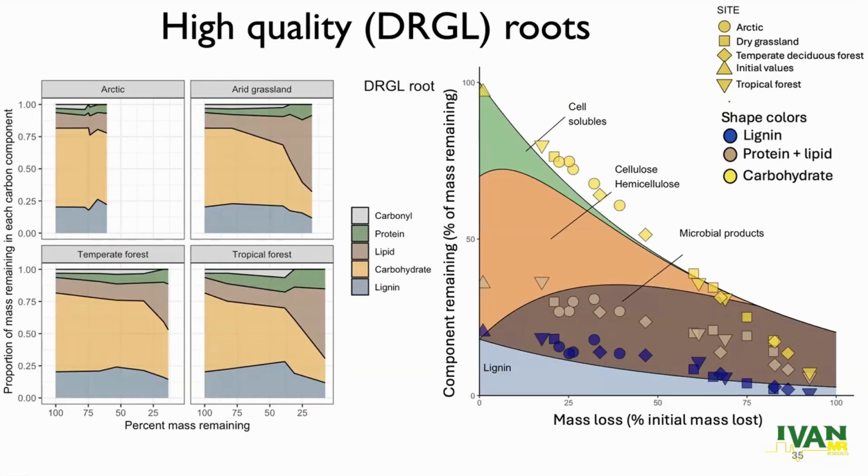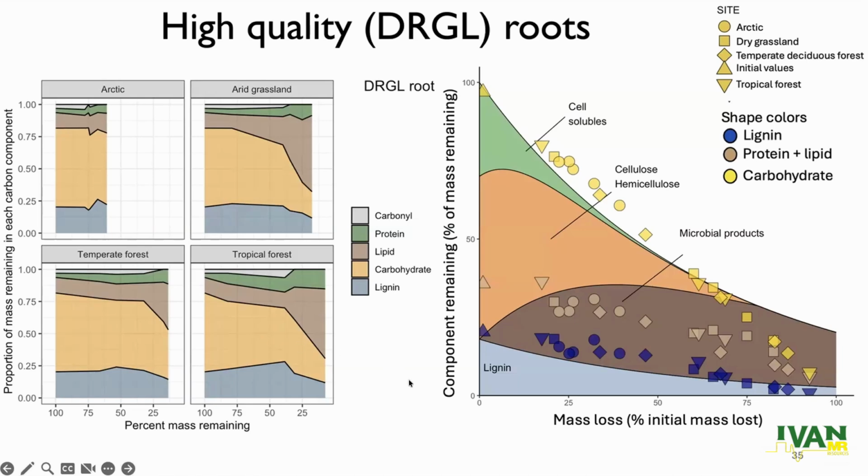So in this figure over here, you've got mass remaining, 100, this is all the mass remaining, and then this is less and less, right? So this is increasing mass loss as you move in this direction, but you're always summing to 1, right? So you can see more clearly that the lipids increase over time and that the proteins increase over time and the carbohydrates decrease over time.